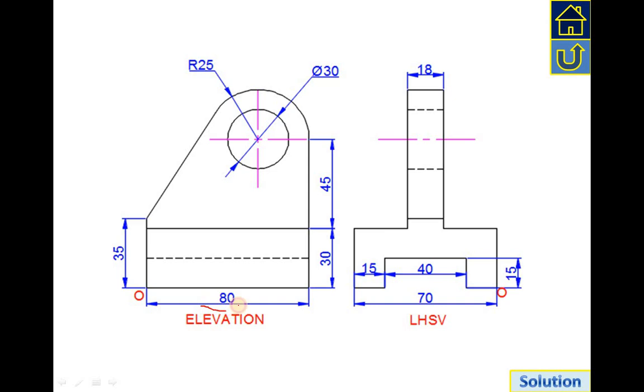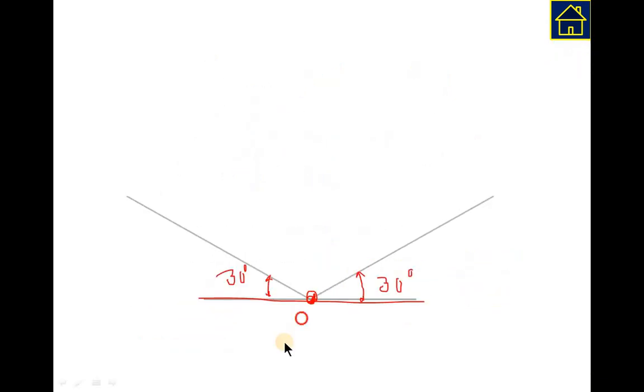This is 80 mm and that is the length, and it is extending to the right side of the origin. So you concentrate on the front view. From the origin we have to go to the right hand side. So here we are going 80 mm on this side. We need to measure it, don't draw roughly.